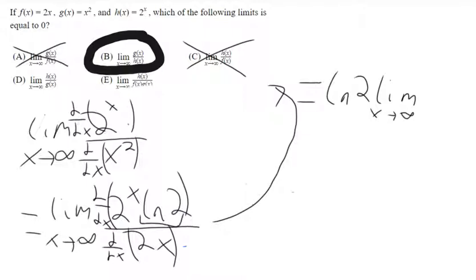Remember, I already pulled that factor to the outside, so I just have to differentiate this. Derivative of 2 to the x is going to give me 2 to the x times natural log of 2 over derivative of 2x is going to give me 2. And here we have top goes to infinity, and the bottom goes to 2. So this limit also goes to infinity.